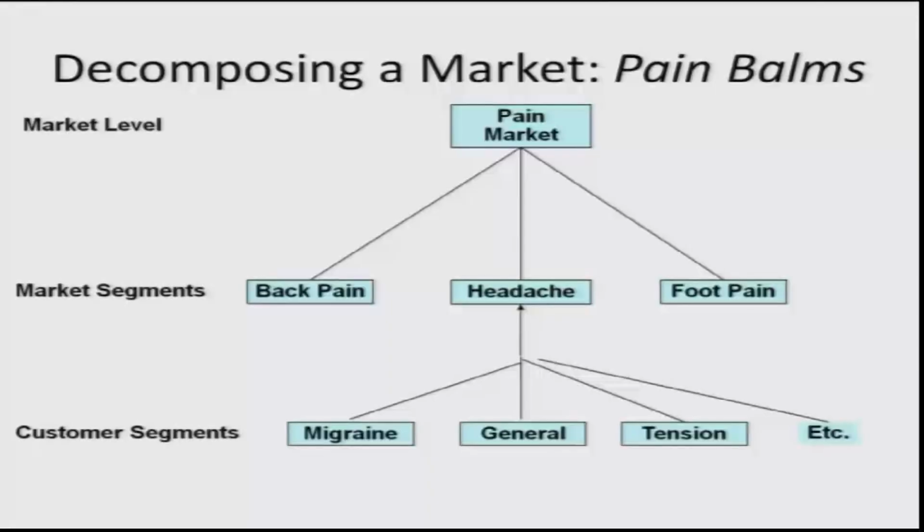Obviously, we immediately look at the pain market in terms of different types of pains: back pain, headache, foot pain and so on. And then you can see that headache, which is one kind of pain market, can be further subdivided into migraine, which is a chronic condition, or general or casual headache, or headache due to tension, etc.